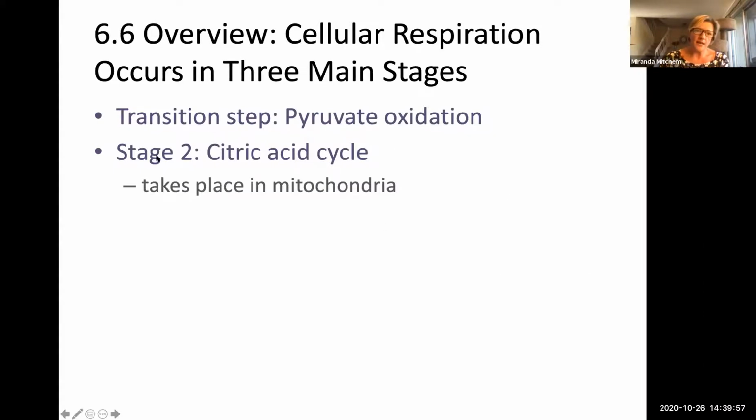Now, as we begin stage 2 and stage 3 for that matter, we are now moving into the mitochondria, the organelle associated with respiration in eukaryotes. Specifically, we're in the inner mitochondrial membrane.